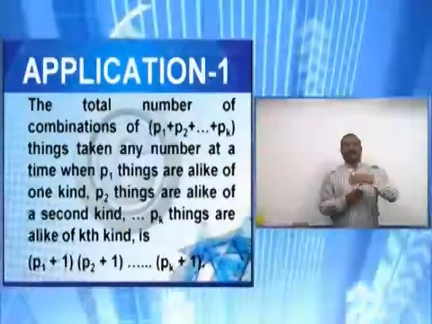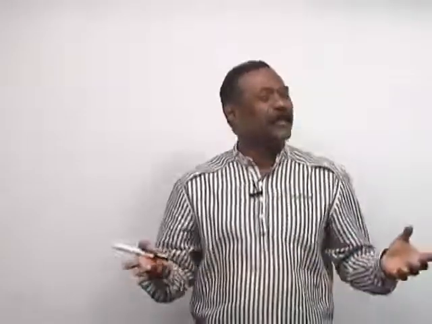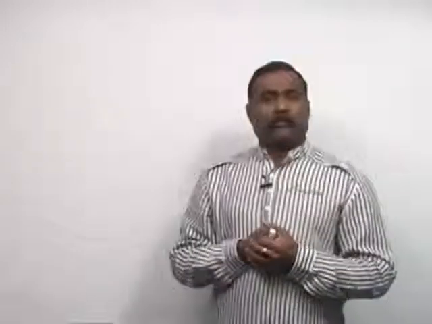On your dining table, a fruit basket is there. In the fruit basket, let me say, there are 12 bananas. 12 bananas means they are all like things. You can understand? They are all like things. Let me say 6 apples in the same fruit basket, and some 7 oranges.